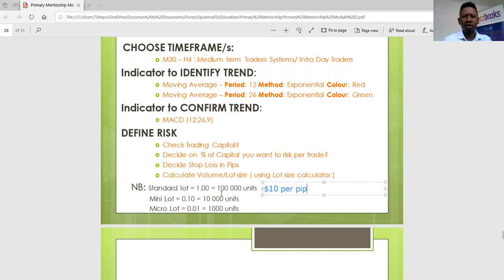With the mini lot, it's $1 per pip. And when you trade with the smallest, you make 10 cents per pip.